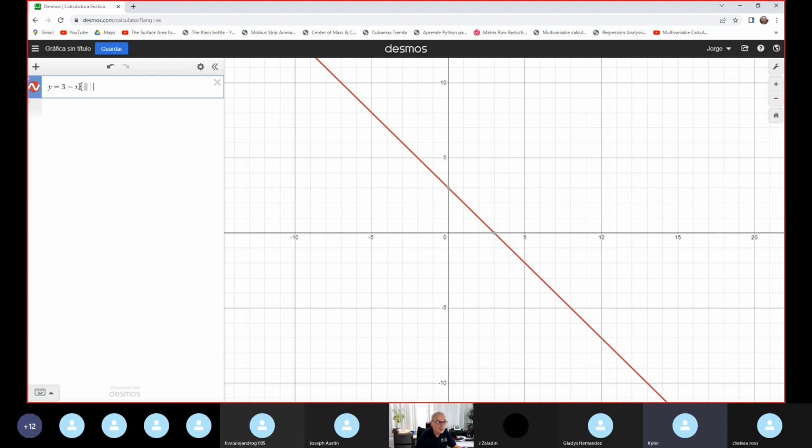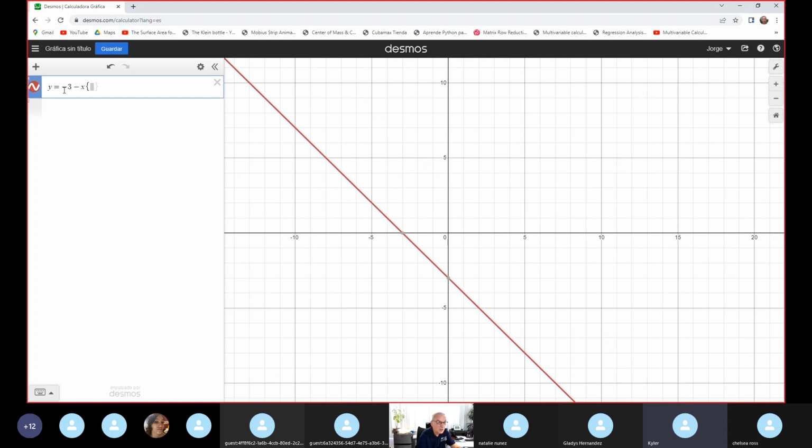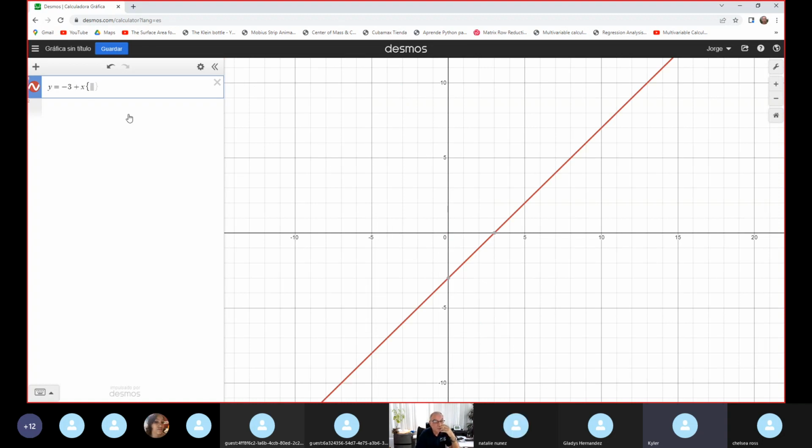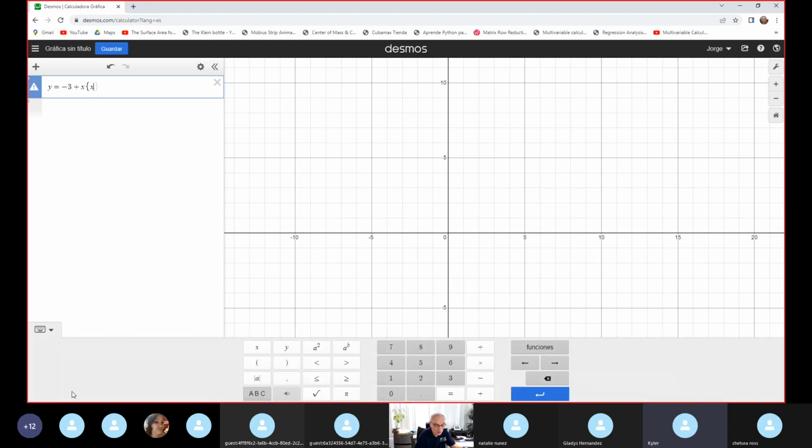Okay, minus 3 plus x. Wow, it's logical, it's a positive slope. And you put the restriction. I remember, you correct me if I make a mistake, it is x less than, using the keyboard, that's what I like so much, less than 1.